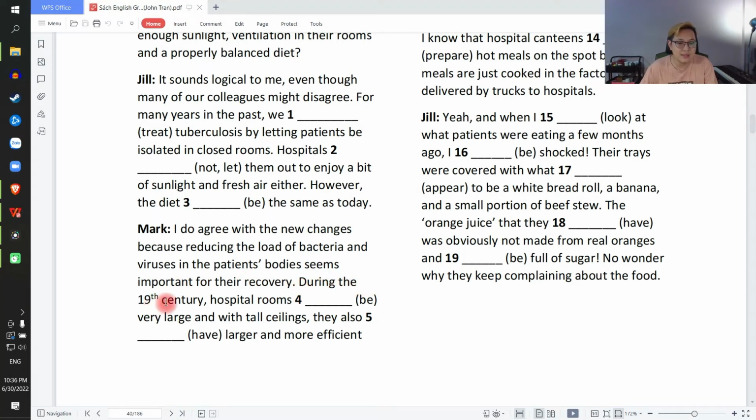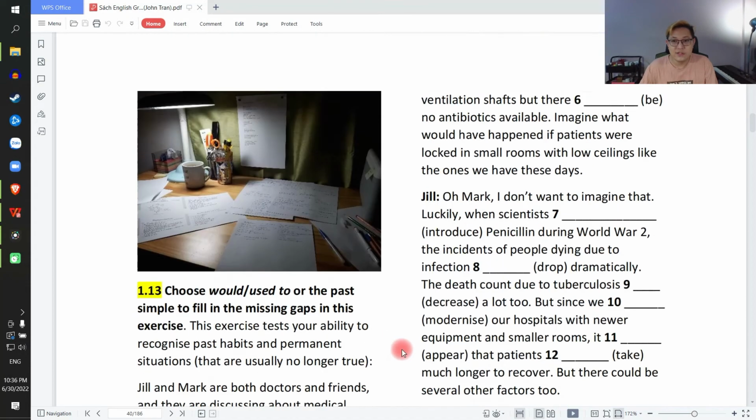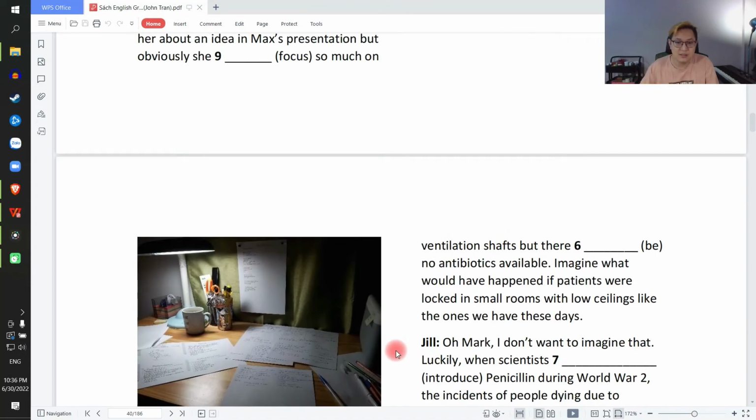During the 19th century, hospital rooms were very large and with tall ceilings. They also had larger and more efficient ventilation shafts.